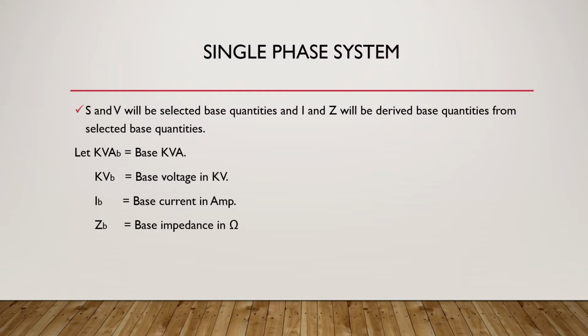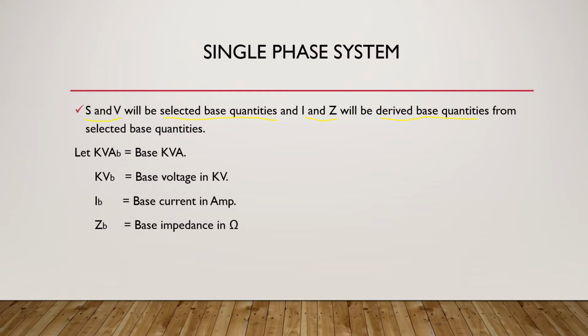Here power S and voltage V will be the selected base quantities. Current I and impedance Z will be the derived base quantities from the selected base quantities.